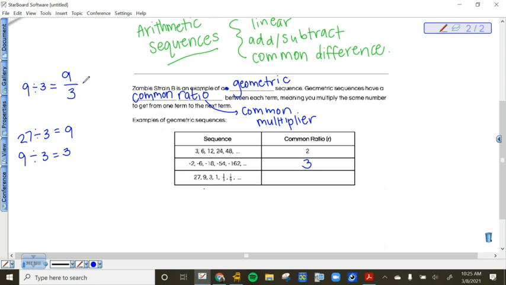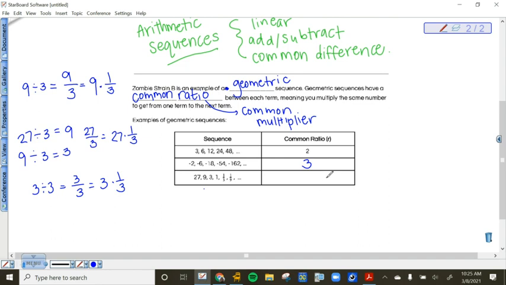Well, this is the same thing as 9 times 1 over 3. 27 over 3 would be the same thing as 27 times 1 over 3. 3 divided by 3 is the same thing as 3 times 1 over 3.